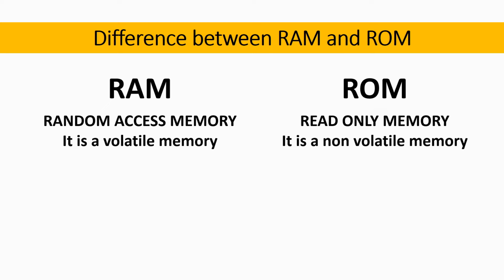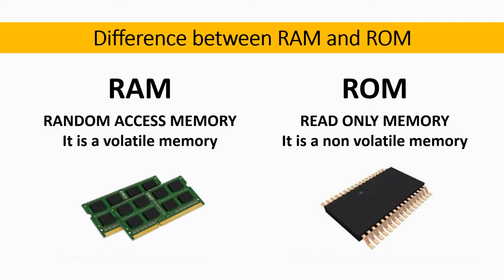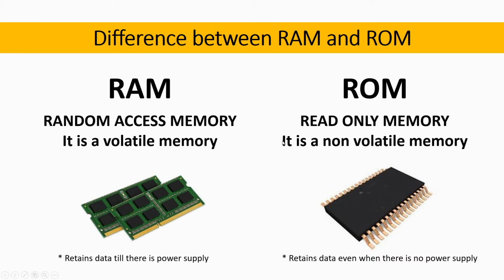Now what exactly these two memories do for the computer, that is what we are going to understand in detail. Let's first talk about the RAM, and as you can see, it retains the data till there is a power supply, while ROM retains data even when there is no power supply.